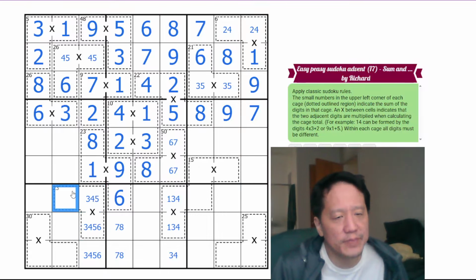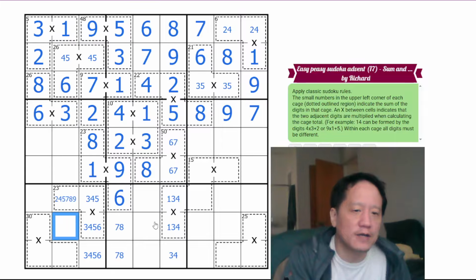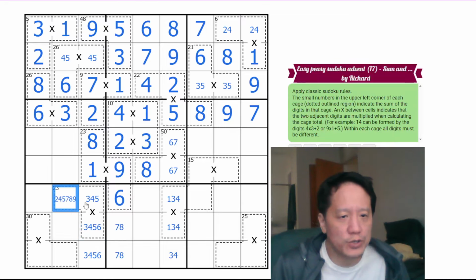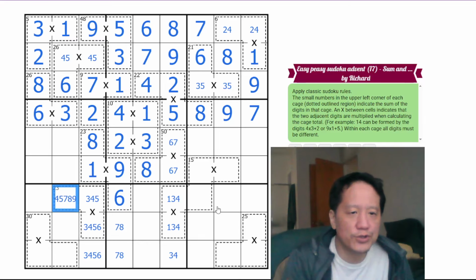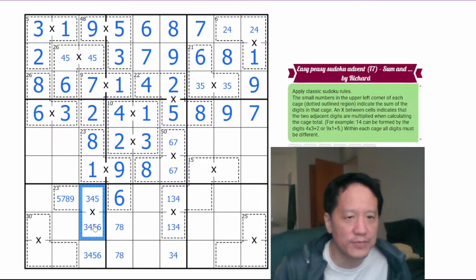This digit cannot be 1, 3, or 6, so this could be 2, 4, 5, 7, 8, 9. 23 minus 2 is 21, but that would be 3 times 7, but we can't have a 7 in the multiplication here, so this can't be 2. 23 minus 4 is 19, which is prime, so that doesn't work. 23 minus 5 is 18, so this could be 5 and 3, 6. That is possible. So 5 is a possibility.